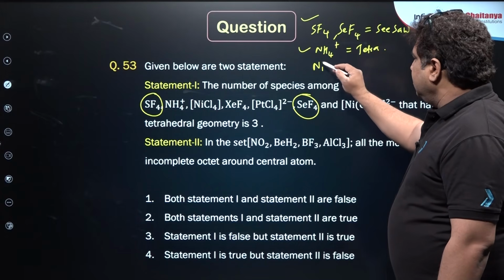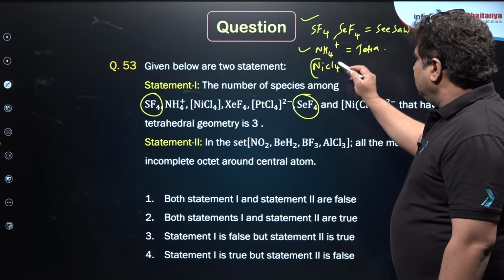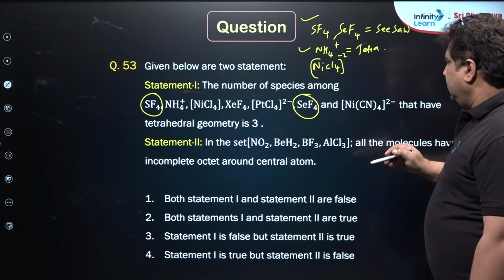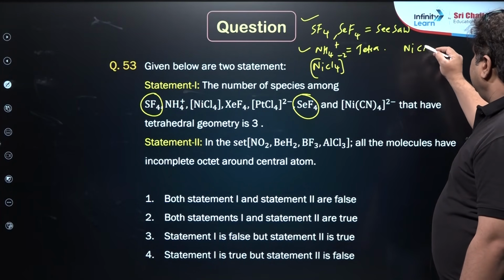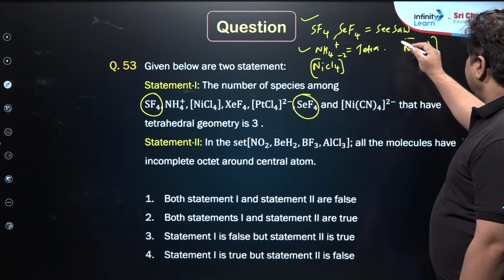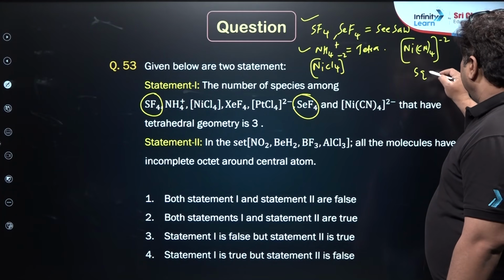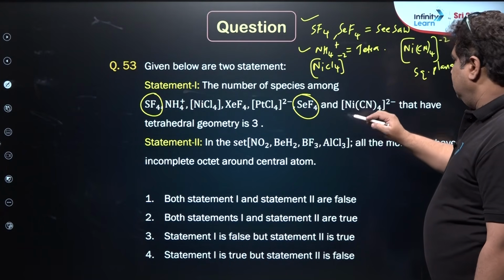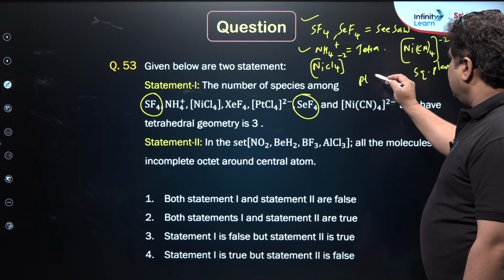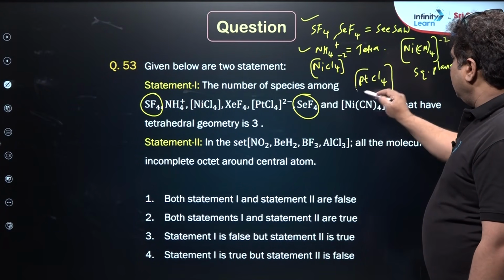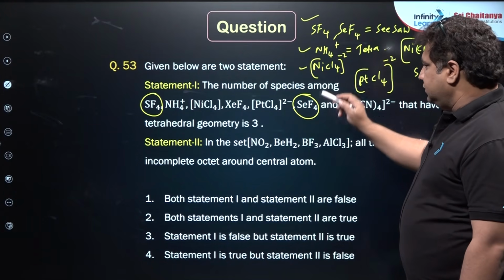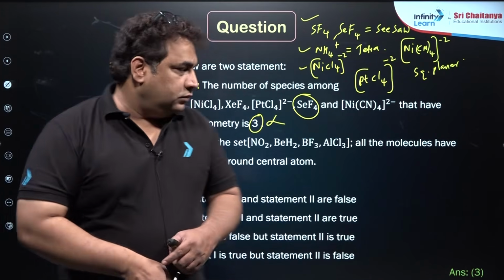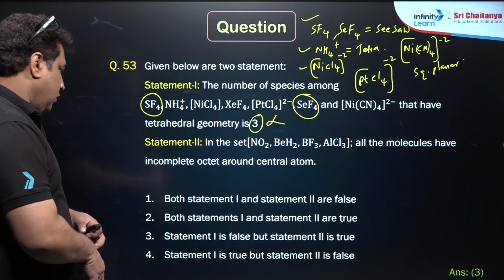Ammonium and even the NiCl4 complex is tetrahedral, correct, and the Ni(CN)4 2 minus complex is square planar. And the platinum complex is also square planar. So overall you can see tetrahedral complexes are only 2, not 3. Hence this statement will go wrong.